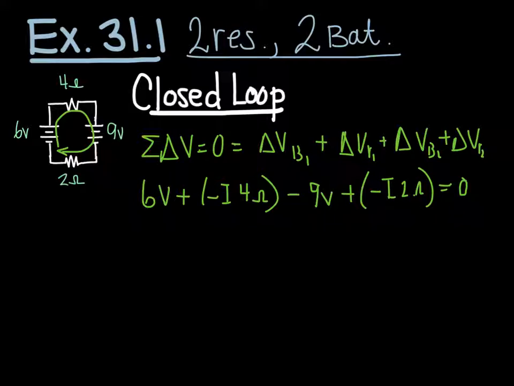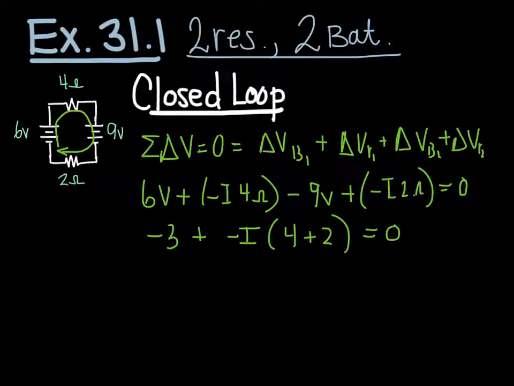And using this loop law, we can solve for the current in the circuit where it might not be so apparent otherwise. So we have 6 minus 9, we have negative 3. Plus we can pull out the negative current, and then we have 4 plus 2 for the resistance. And that should be correct as far as my math is concerned.